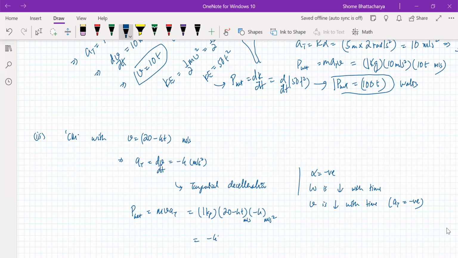So it will be minus 4 into 20 minus 4t, in watts.